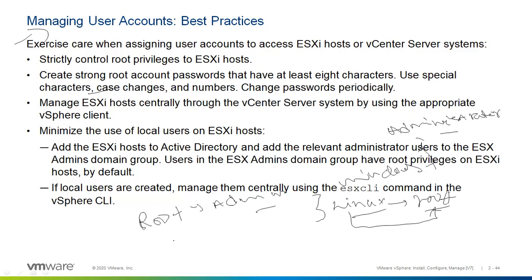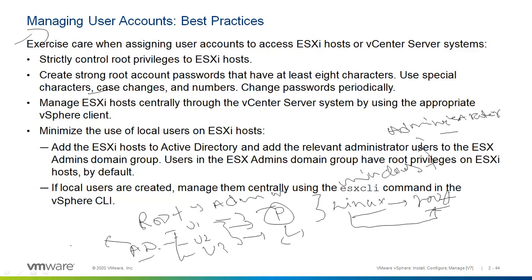Later on, once your initial setup is done, you can assign a number of users, like in your Windows Active Directory domain environment where you have user 1, user 2, user 3. You can assign all these users permissions to work on your ESXi host. You can assign additional user accounts from an identity source.